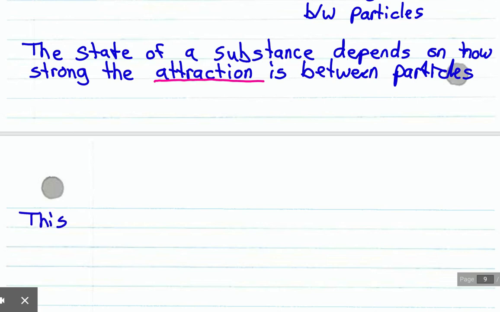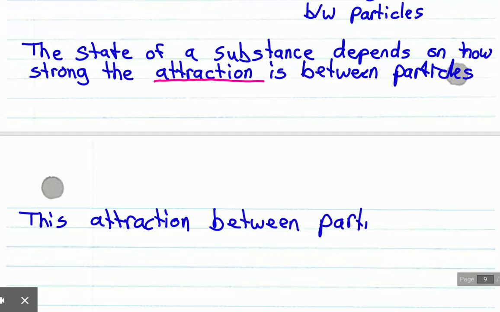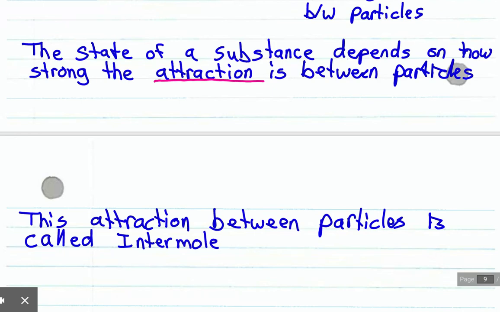So this attraction that the particles make between particles is called intermolecular force.